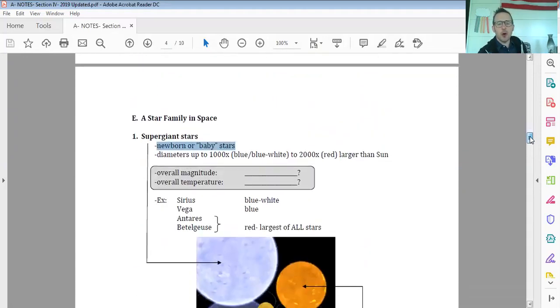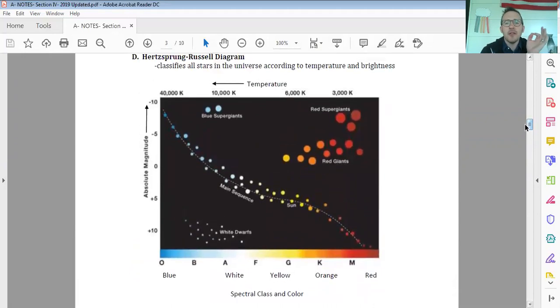Okay, so the overall magnitude, all of them, everybody, are going to be very bright because either blue or red, notice they're all up high on the diagram. But our blue supergiants are going to be very bright and very hot since they're over to the left of the diagram. Our red supergiants are going to be very bright but cool since they're over to the right-hand side.